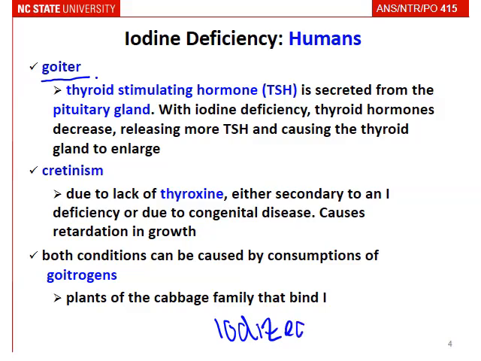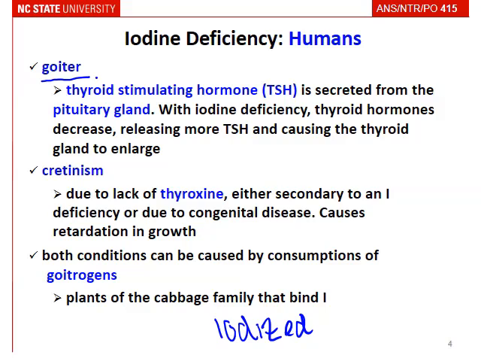Back in the mid-40s, it was discovered that iodine deficiency is the cause of goiters, and many Americans, even at that time, used a lot of salt as a seasoning.